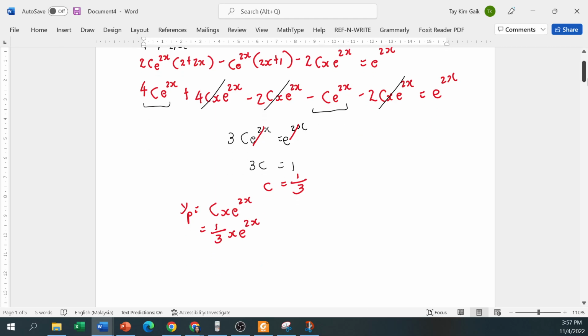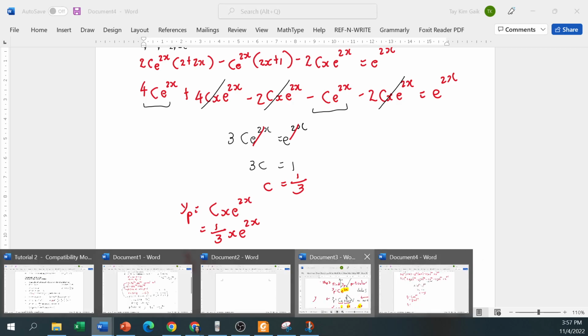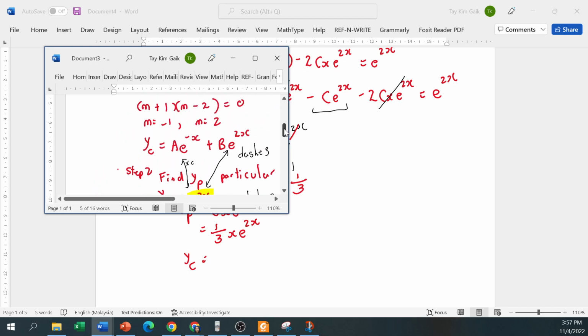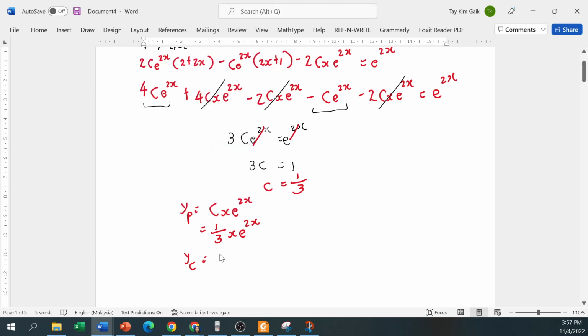Okay, and then the yc that we obtained just now, where's yc already? Yeah, yc is here. Yc that we obtained is a exponent negative x plus b exponent 2x. Am I right?